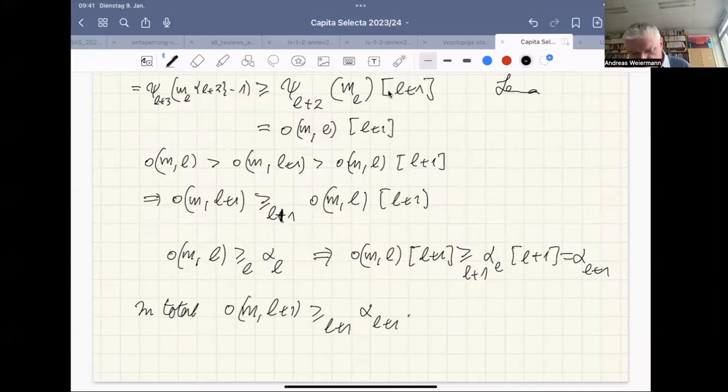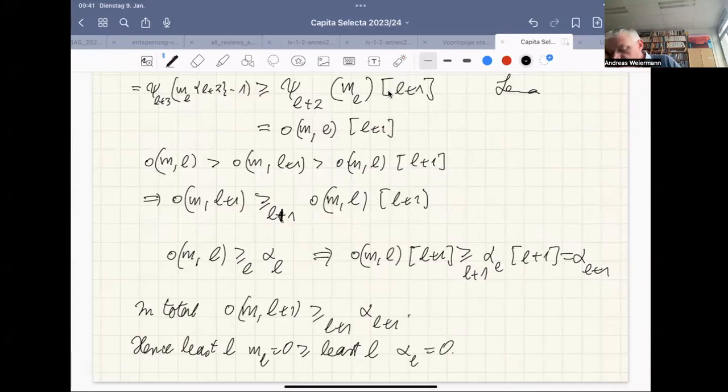Aha. So, hence, the least L such that ML hits 0 is at least as big as the least L such that alpha L hits 0. But alpha 0 was omega k.